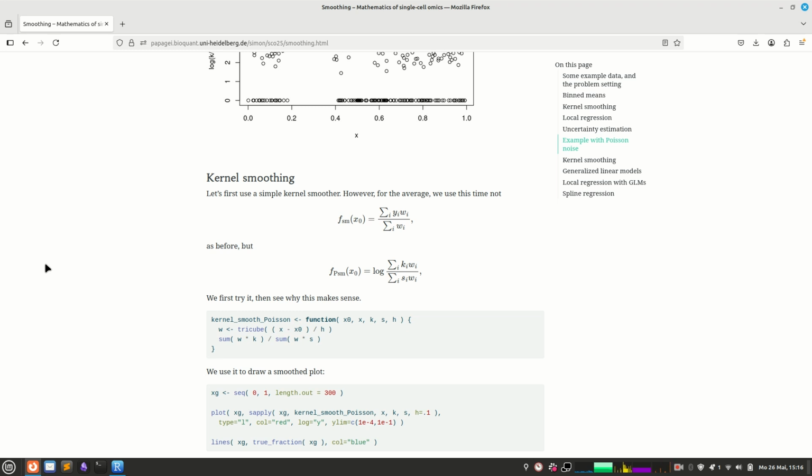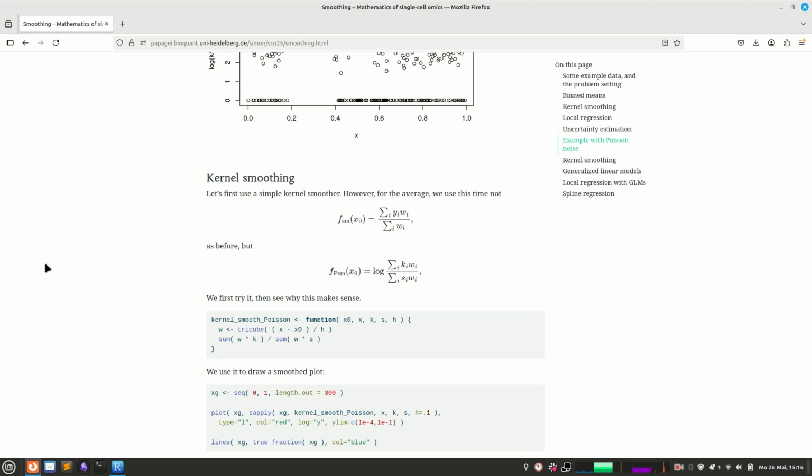I have my kernel smoothing function, which takes a query position x0 on the x-axis, the vector x of pseudo-time values, the vector k of observed counts for the gene, a vector S of cell totals, and h, a scalar, which is the kernel bandwidth.